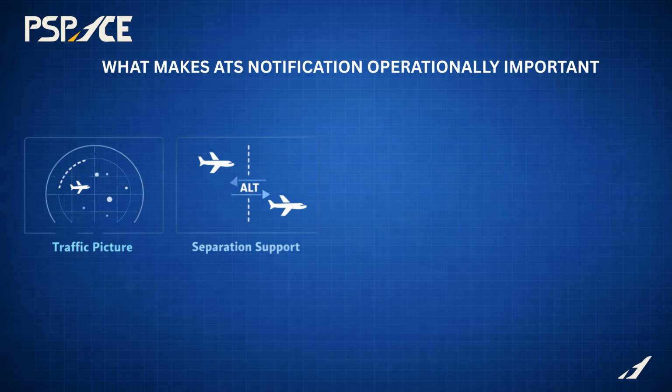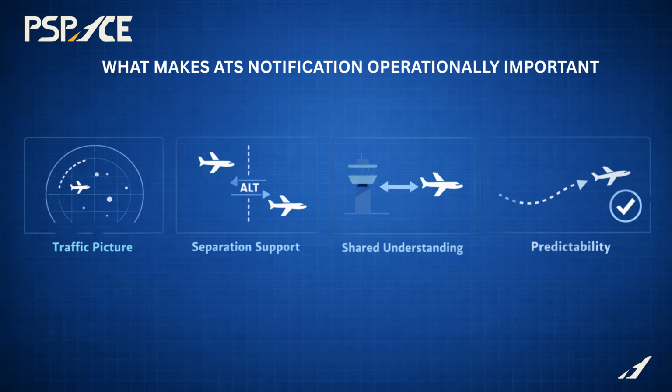That is why the commander's notification responsibility is operational rather than clerical. It protects the common understanding between the aircraft and the ATS unit responsible for the flight. It also reduces the risk that the aircraft will be interpreted incorrectly by units further along the route or by units coordinating adjacent sectors. Good notification therefore preserves predictability, and predictability is one of the foundations of safe controlled airspace operations.